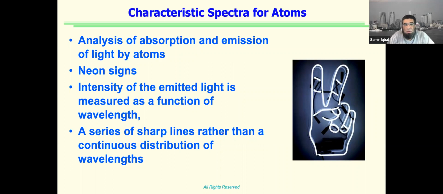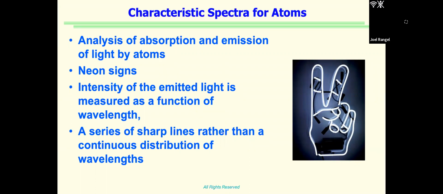Now, different neon signs give different light. Sometimes we just coat a color on top of them. But different gases would give different wavelengths. Why is that? Because the electrons are at different energy levels.